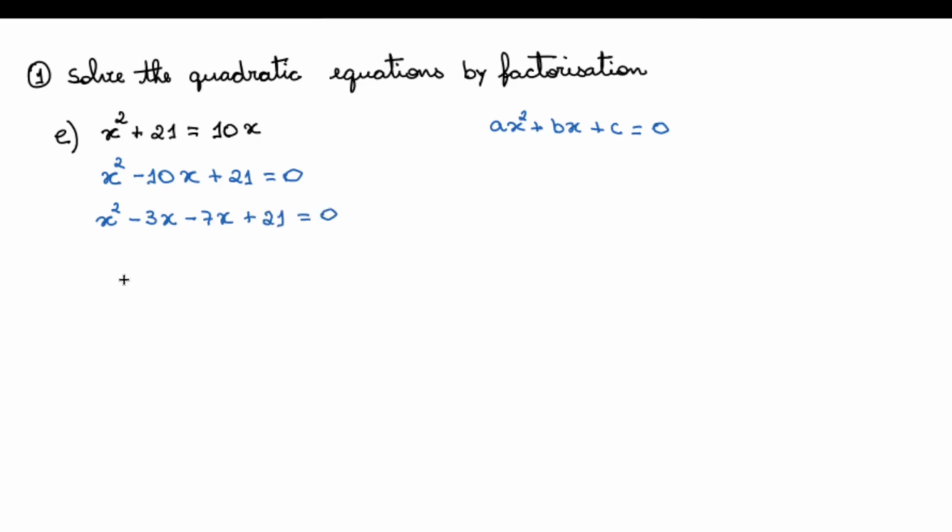Now group the terms in pairs: x squared minus 3x plus minus 7x plus 21 equals 0. Factor out the greatest common factor from each pair.